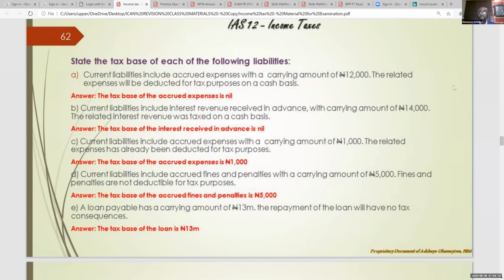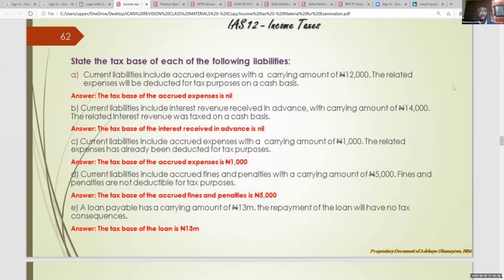But a situation where the accrued expenses is 1,000, and for tax purposes, such accrual is equally allowed as a deduction. It means there's no temporary difference, because the carrying amount and tax base are the same. From there, we can conclude that our tax base is 1,000 as an accrued expense. Also, accrued fine and penalty of 5,000 naira, and we are told that neither fine nor penalty would be deductible for tax purposes.